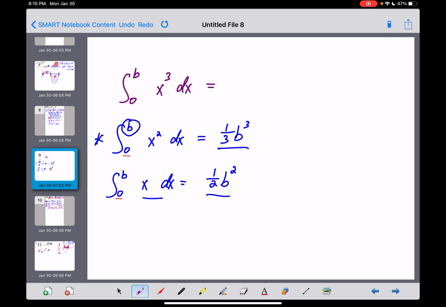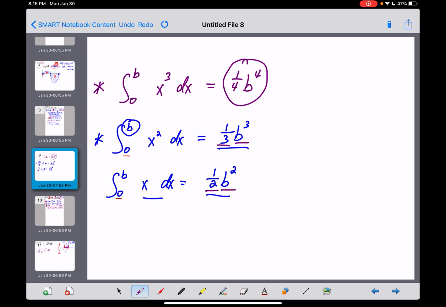Well, if you just read this coming up the ladder, here's b squared, b cubed. This one is going to have b to the 4th. And the coefficient, 1/2, 1 cubed, now we're going to have a 1/4. So this is an idea. They're kind of asking you to make just a logical leap right here, but I'm going to tell you that one is right, and we'll talk more about that in section 5.3.